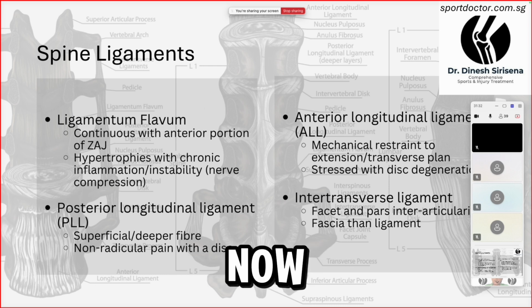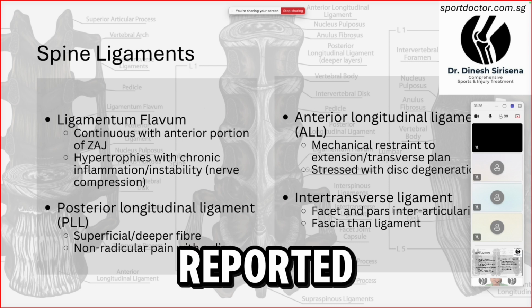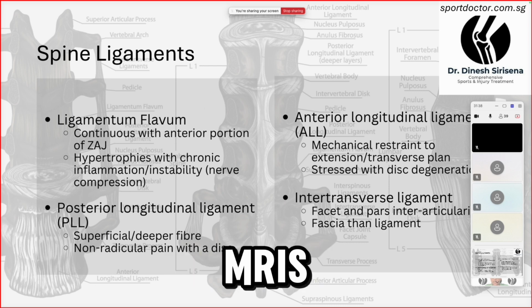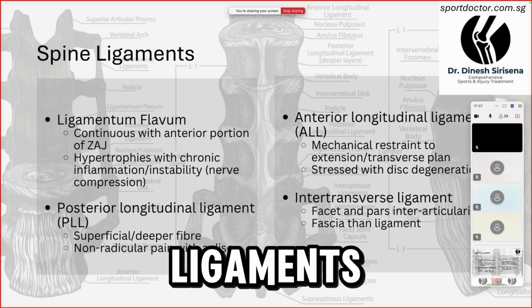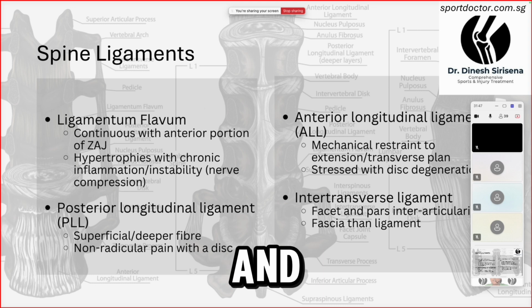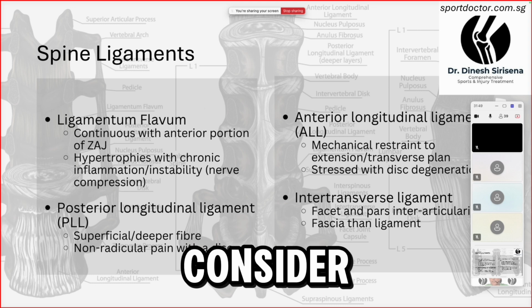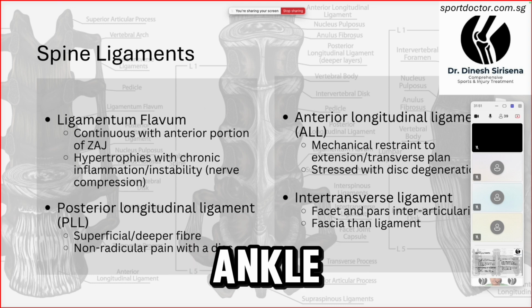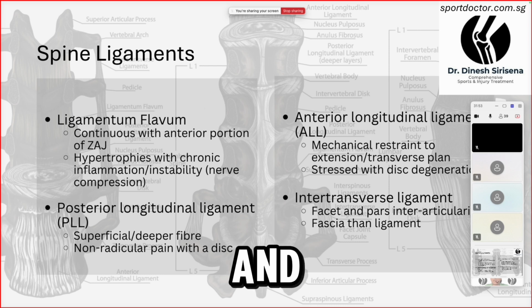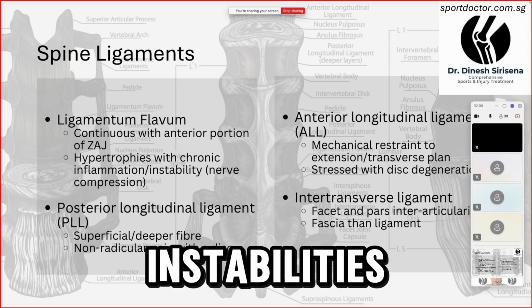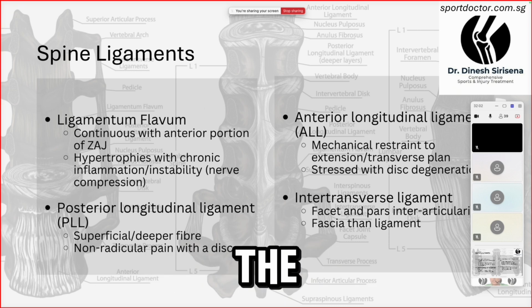Ligaments. This is something that we hardly get anything reported on when it comes to our MRIs, but I think this is very, very relevant when it comes to back pain. There's a whole host of different ligaments supporting the back, and we often consider ligaments in the ankle and the knee, and we are always saying, oh, you've injured it, you've sprained this, you've torn that, and that's why you have the instabilities and the symptoms.